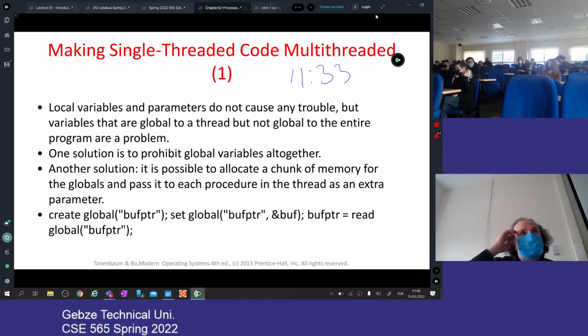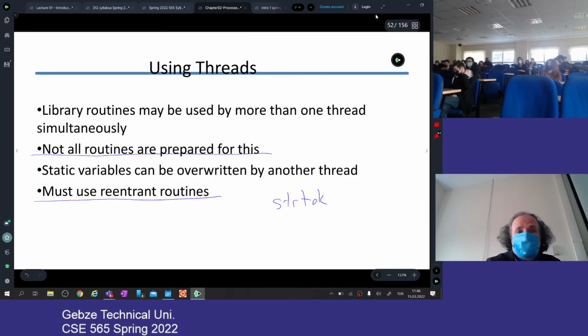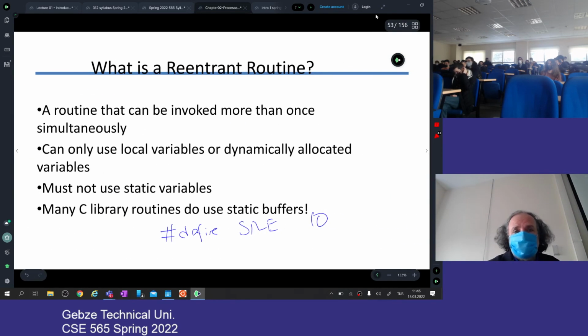Avoid using those kinds of functions, or avoid writing those kinds of functions. Good. So you learned another bad side effect of using global variables. Good. So I talked about this, and we talked about the re-entrant routines.